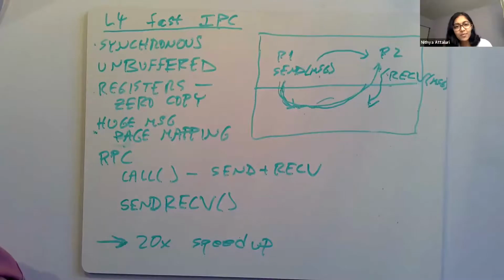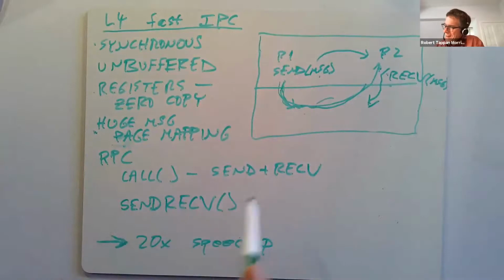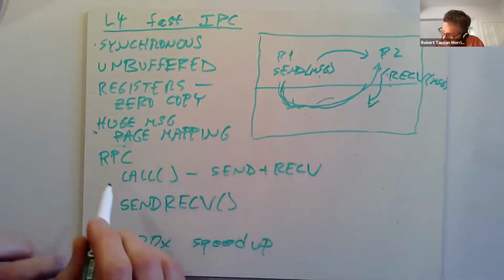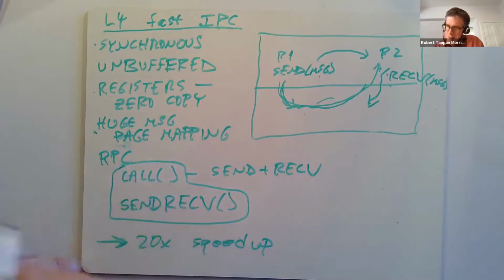Yeah, I think I missed this, but when is a process sending or receiving messages? Like when is it using that system call? Okay, actually, for RPCs, for request response, the processes use this pair of system calls rather than send and receive.